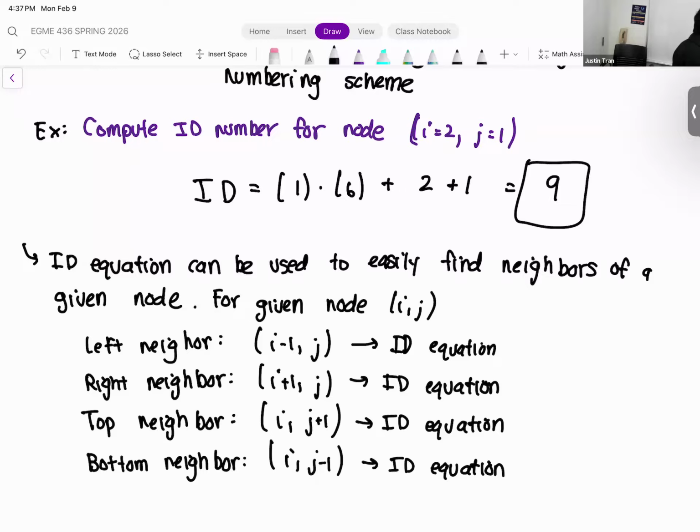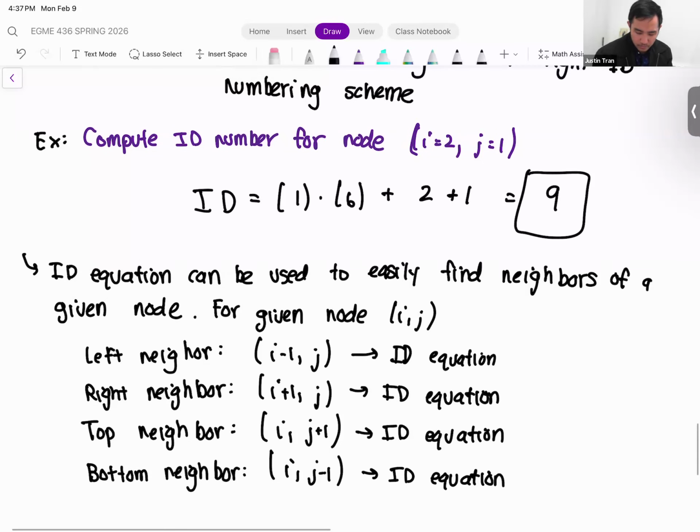And you're going to need those ID numbers because when we write our finite difference equations, typically you don't write them in terms of I comma j. You typically write them in terms of the ID. The reason for that is that those ID numbers signify which row in your matrix you're going to be affecting, right? And so that's why you use that. It just makes the programming a lot easier if you build based on the ID numbers. All right. Any questions on this?